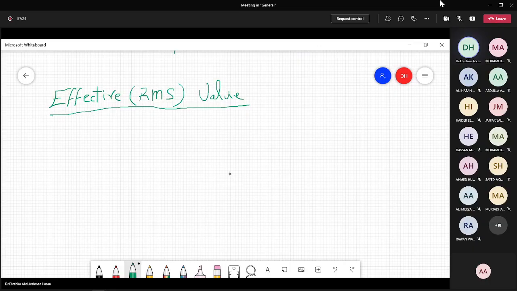So if we have a signal, this is my x of t, and I want to find root mean square or effective value, then first we need to square it, x square of t.